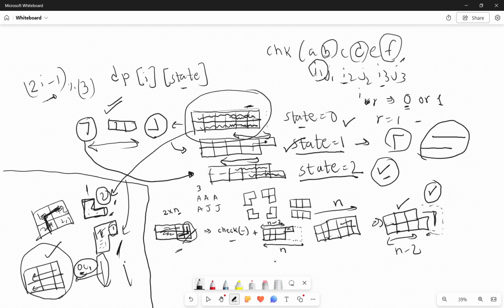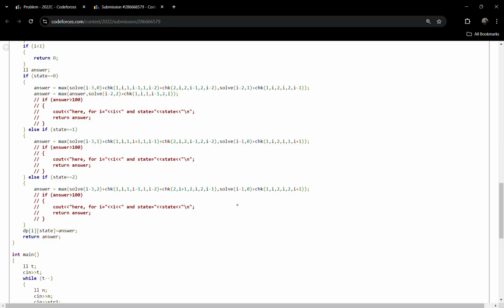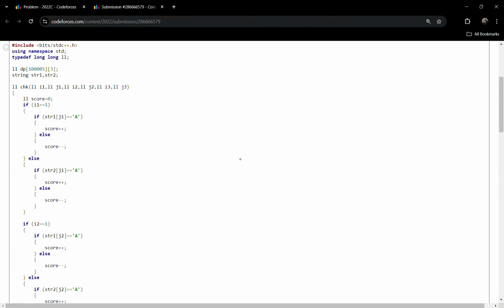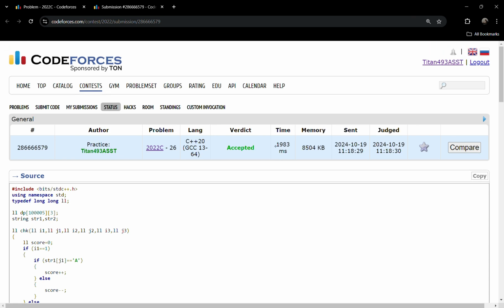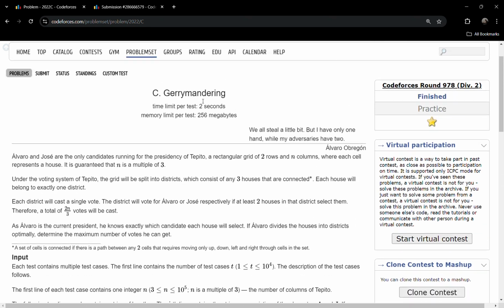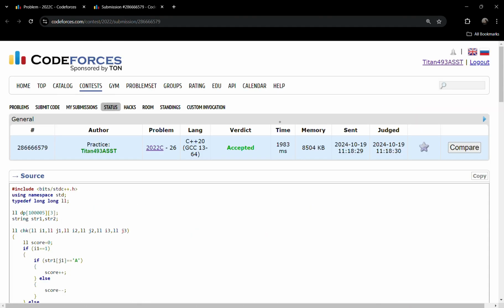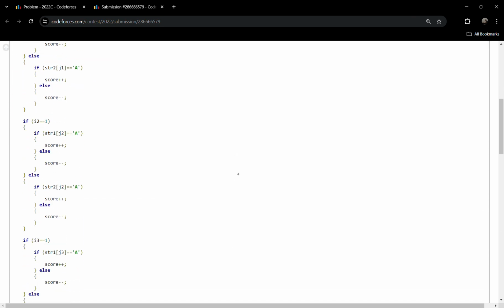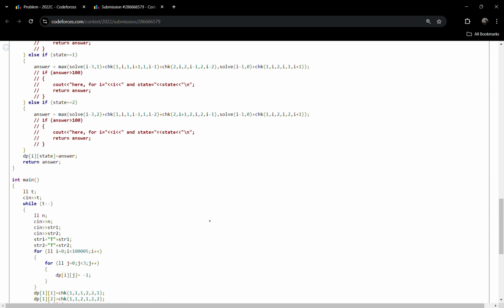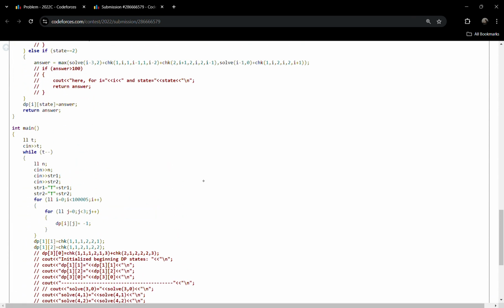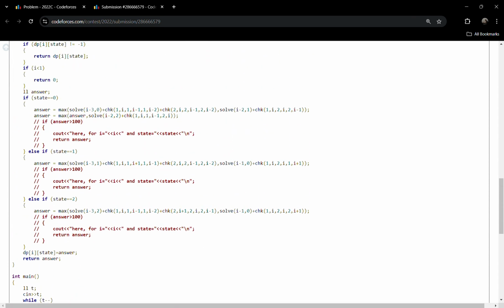I have not done that optimization in my code or my solution, but it basically passed on the edge. See, the time limit for this question was 2 seconds and my code passed in 1983 milliseconds, basically 1.983 seconds. So it was not a very optimized code, but yeah, it works. The logic is the same for the optimized code as well.